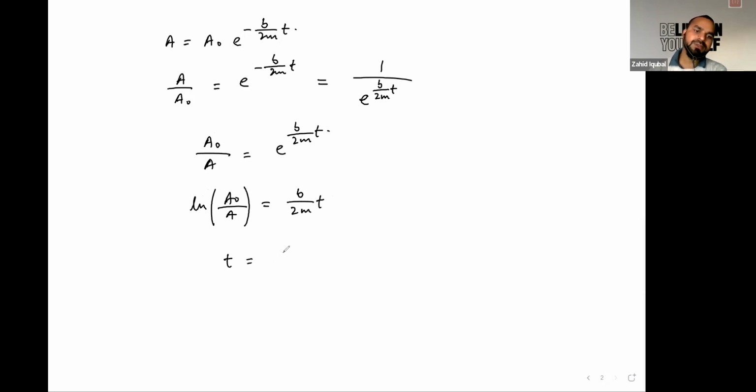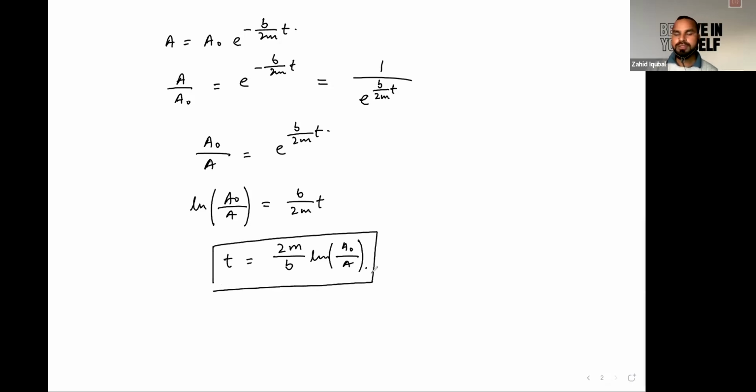So time taken to go from A naught to A will be 2 times m divided by b, ln A naught divided by A. So this will be your final expression for calculation of time on changing from one point to another.